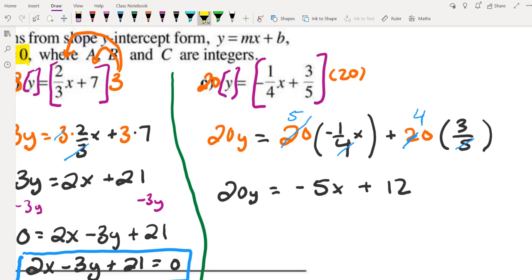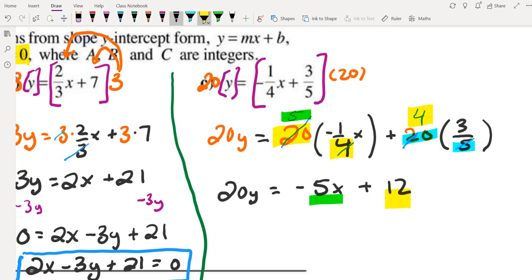We multiply the 20 out. The 20 divided by 4 gives us 5. So we're left with negative 5 times negative x, which gives us negative 5x. 20 divided by 5 gives us our 4. And 4 times 3 is our 12.